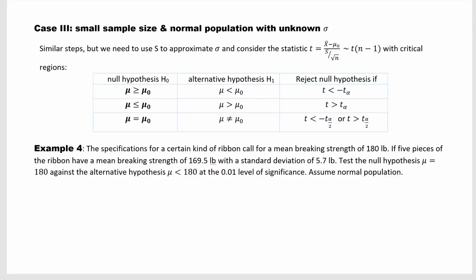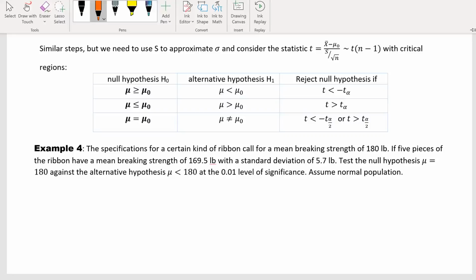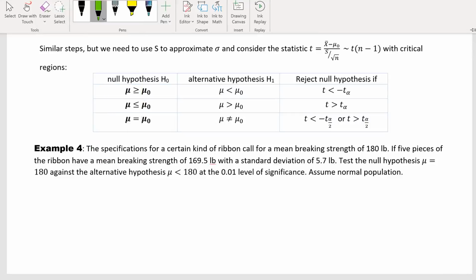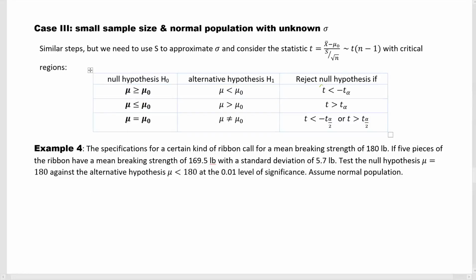For the critical region, we still have almost the same, just replace z by t. Example 4.